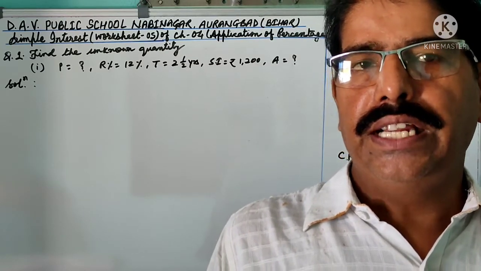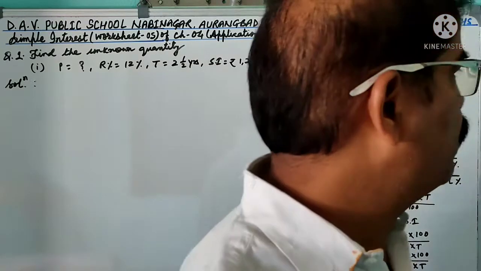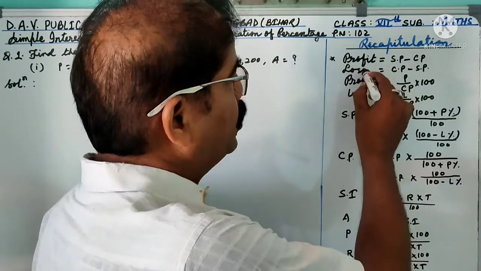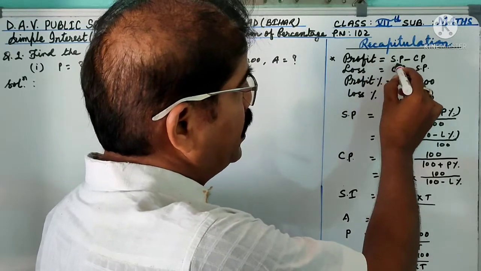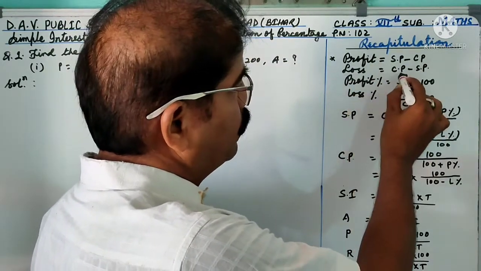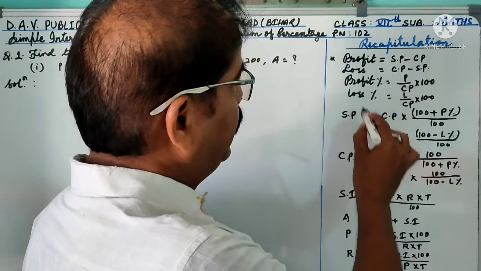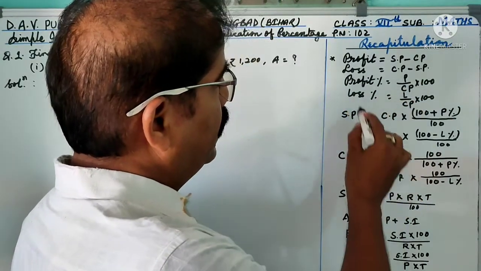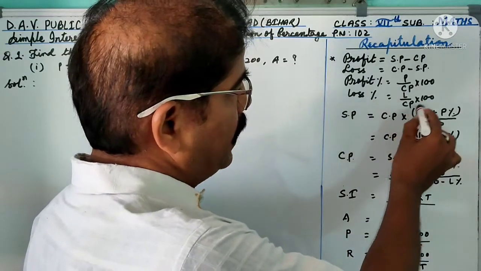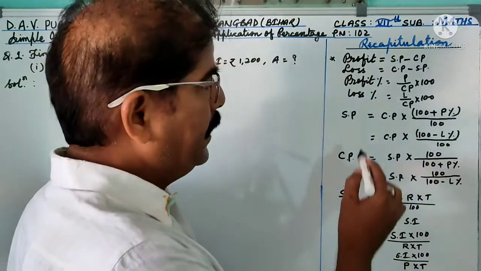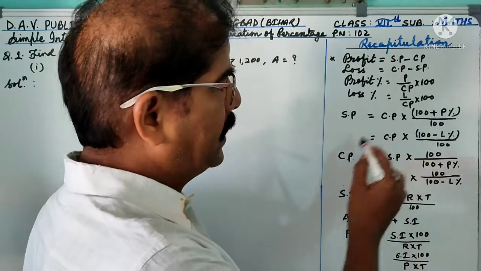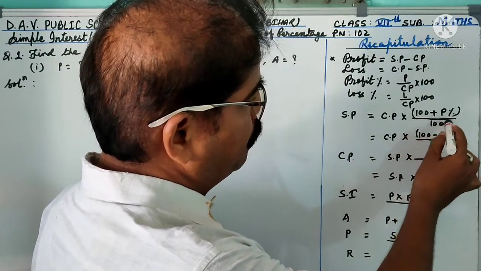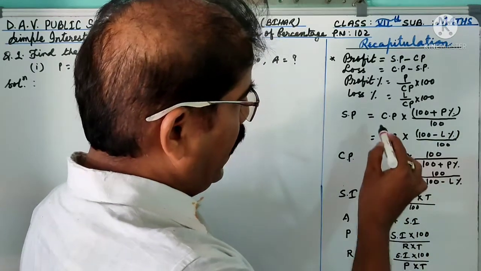Dear students, some of the important points related to this topic are these. Profit equals SP minus CP, loss equals CP minus SP, profit percent equals profit by CP into 100, and loss percent equals loss by CP into 100. If CP and profit percent are given, then SP equals CP into (100 plus profit percent) by 100.